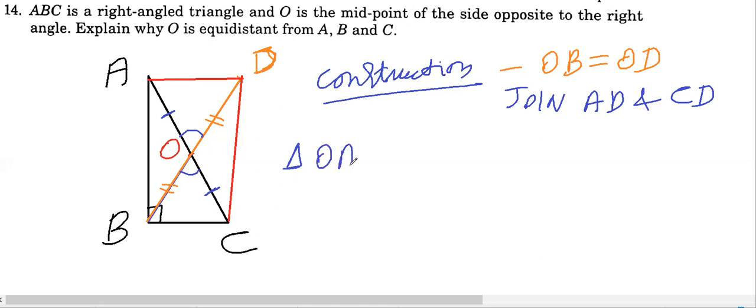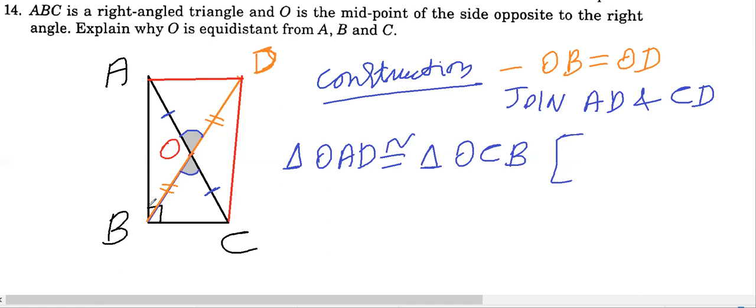Triangle OAD is congruent to triangle OCB or not? Yes, it is congruent. How? This OA is equal to OC. It is given. Then this angle is equal to this angle, by what? By vertically opposite angle.